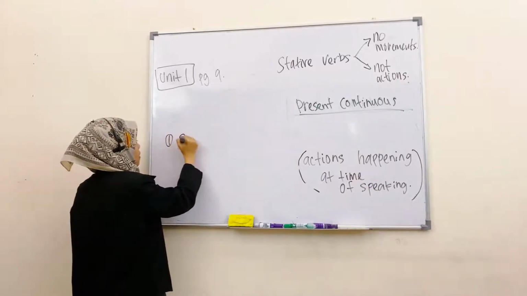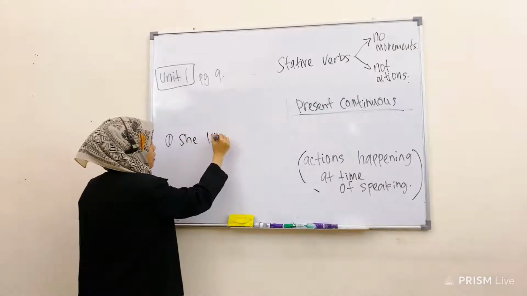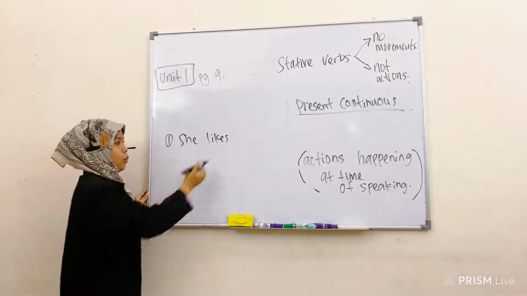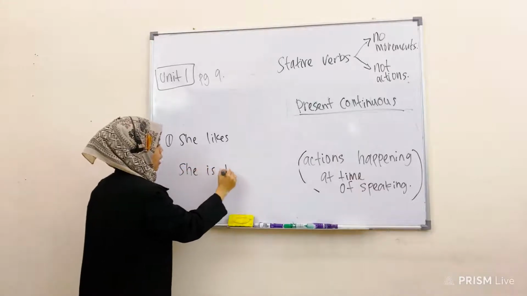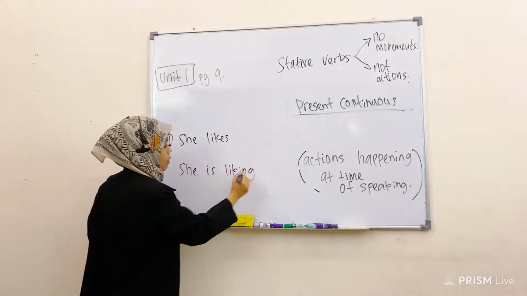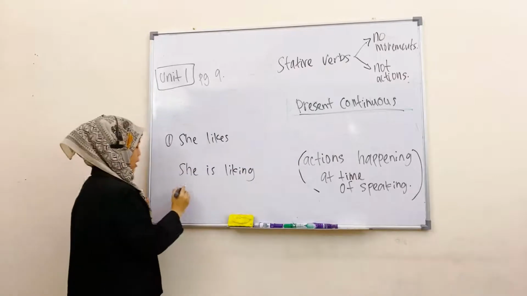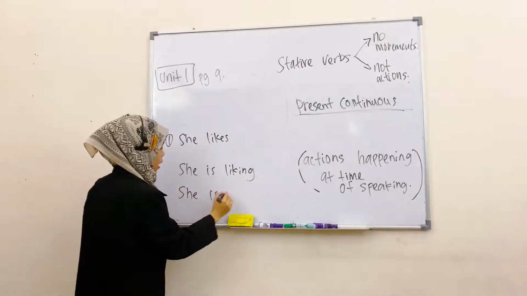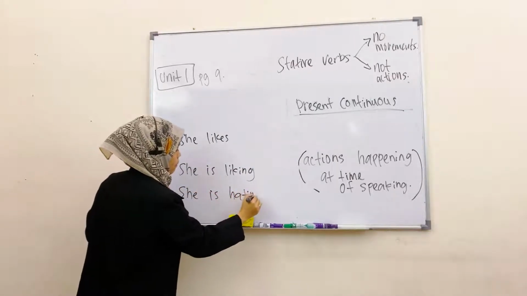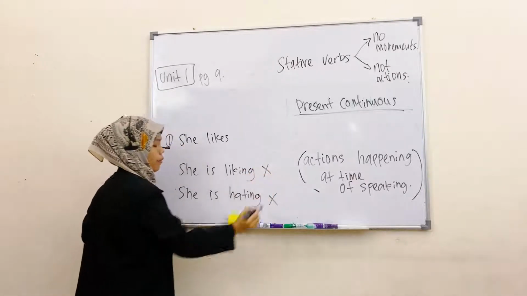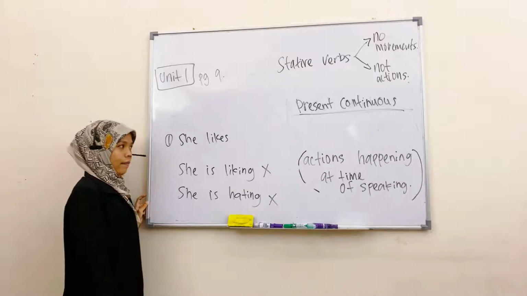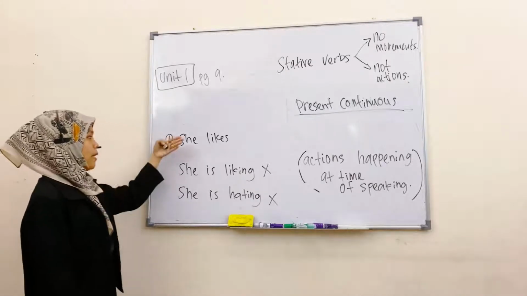Example: she likes. Okay, this one can be. You cannot say she is liking. Okay, she is hating. Okay, no. Alright. Okay, so it must be in present simple.